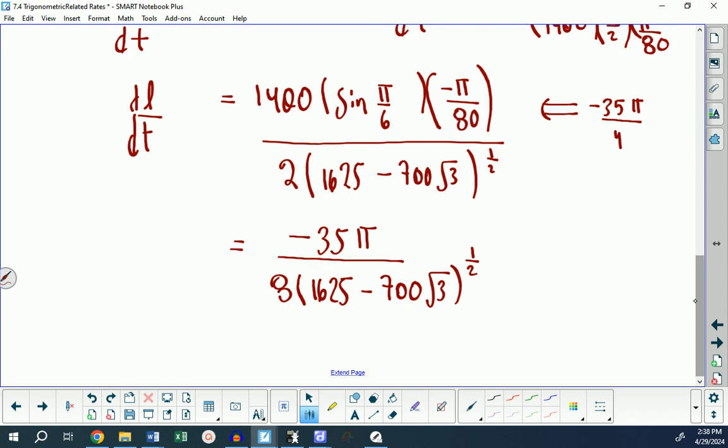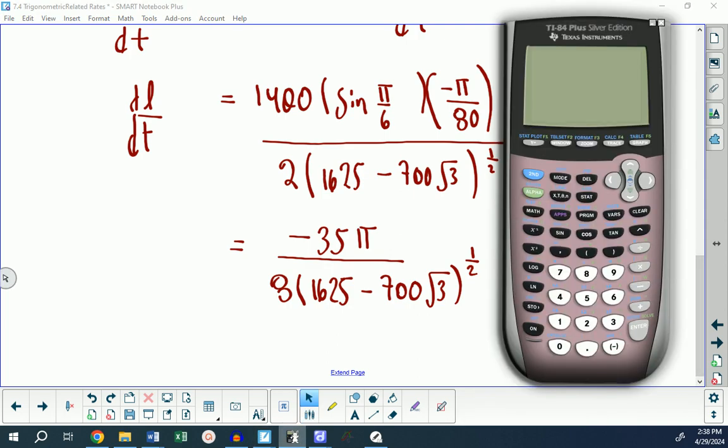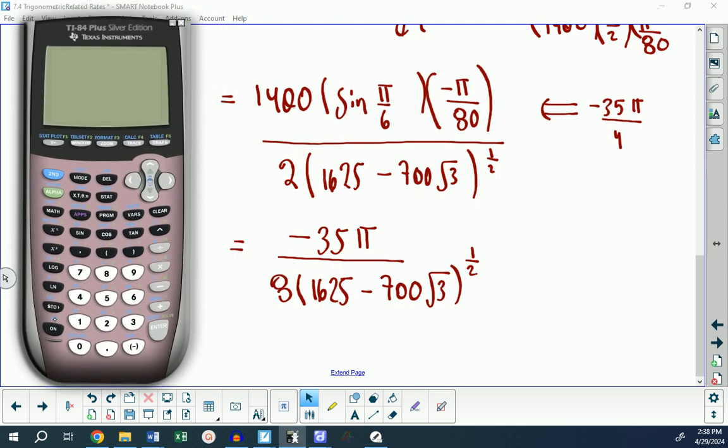Let's run this through the calculator. Let's find out what this is equal to. I'm not doing it from the bottom line. I'm doing it from one line up just to double check to make sure I've simplified it correctly. Negative pi times the 700 divided by 80, and I've got to divide that by 2.